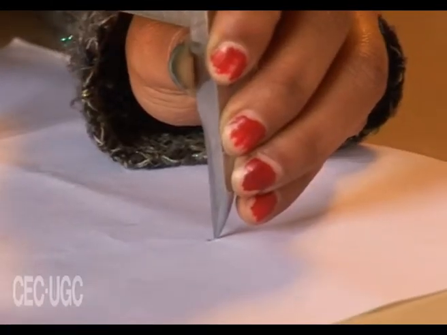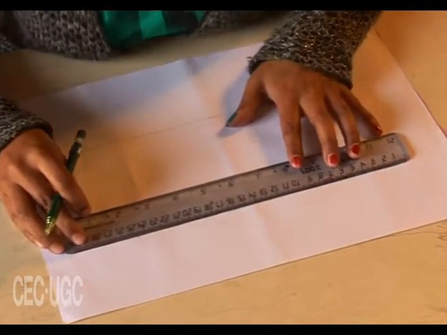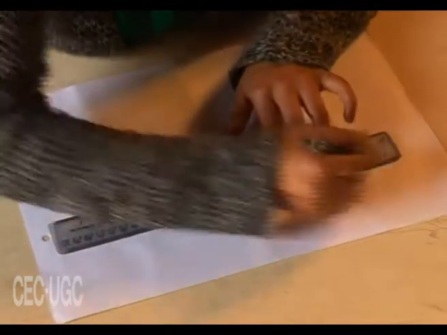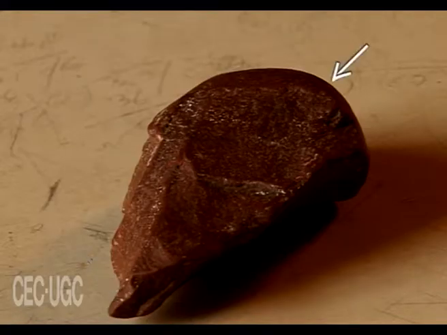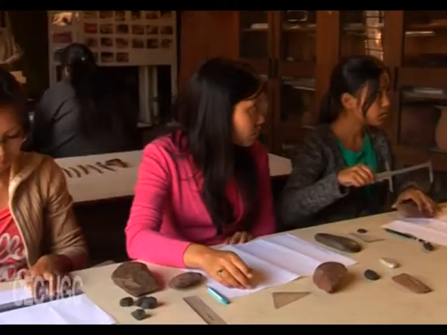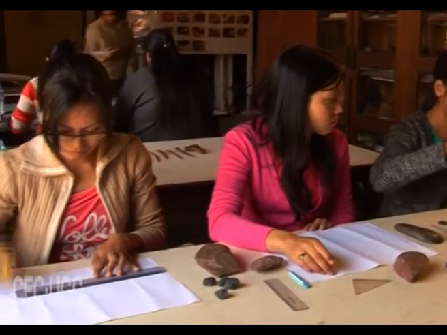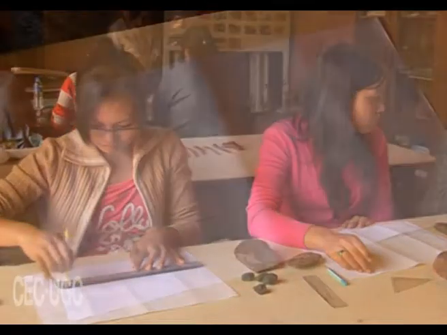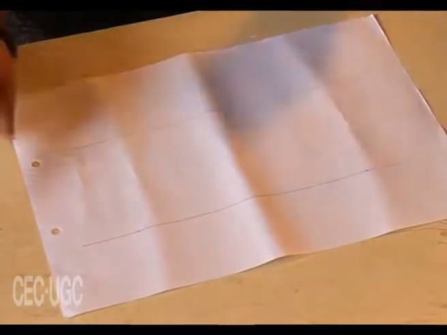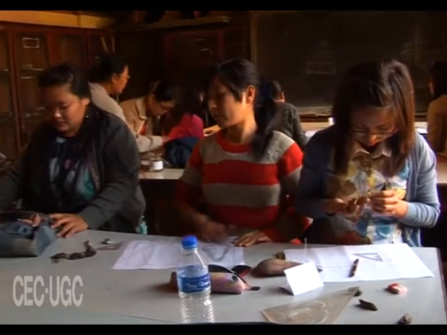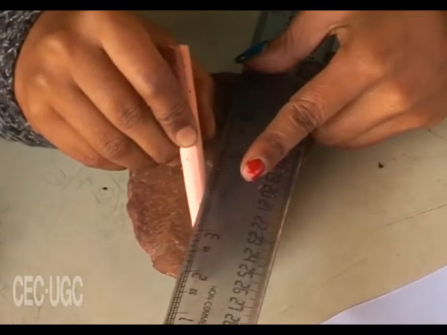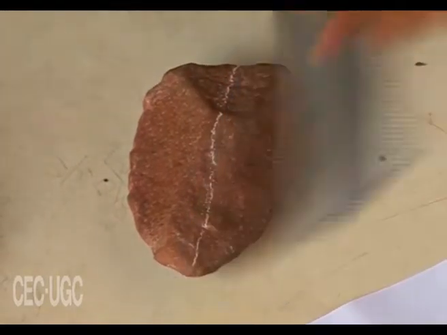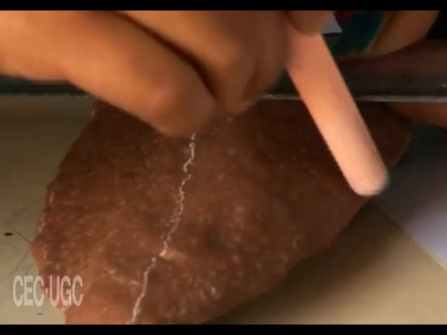Thereafter, each student should draw 2 horizontal straight lines on their drawing sheets, forming the outer boundaries, proximal and distal ends, that is the working tip and butt end of the given tool, but leaving some space suitable for drawing the cross-section of the same tool. Secondly, each student should draw an imaginary line across the longitudinal axis of the given tool, which dissects the specimen into two halves.